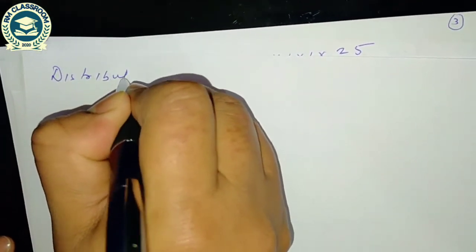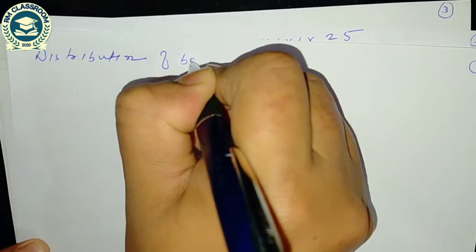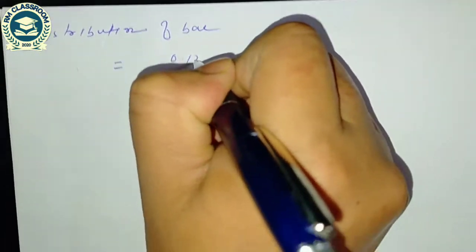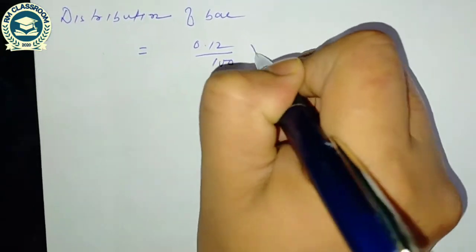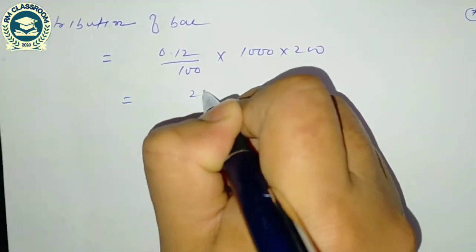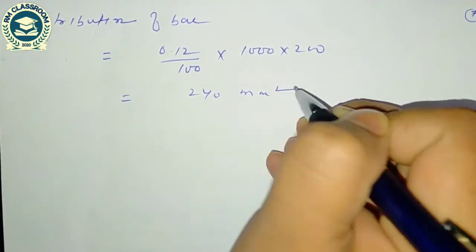So distribution of bar. I told you for Fe415 it is 0.12% of gross area. So 1000 into 200, so it is coming 240 mm square. This is the minimum area.